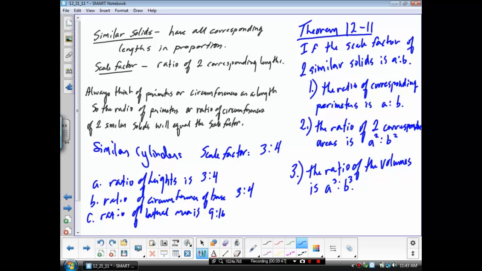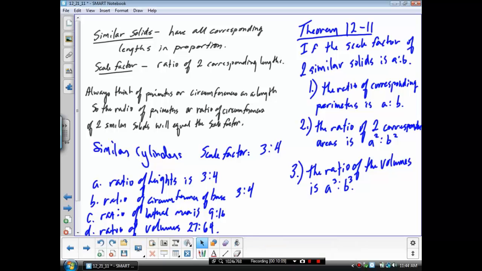And finally, part D, the ratio of the volumes. And that would be the cube of the scale factor, which is then 3 cubed, 27, and 4 cubed, 64.